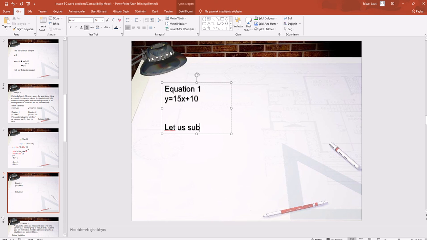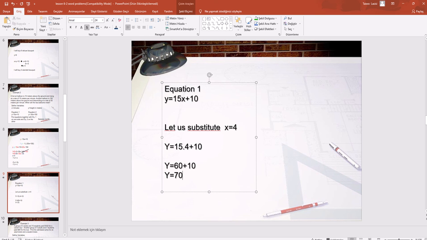So y equals 15 times 4 plus 10. Let us find what it is. Y equals 70.